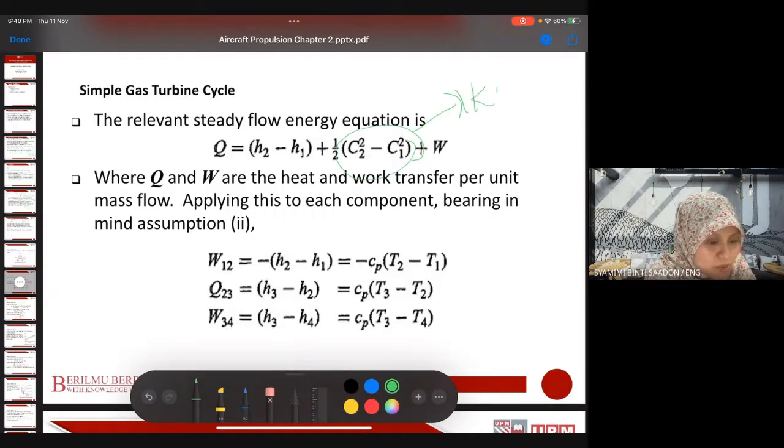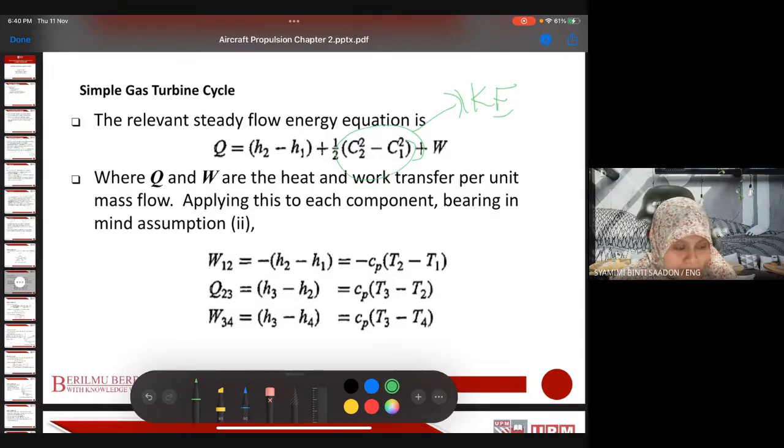Sometimes we use V for velocity, or sometimes we use C, either one. The third term is work transfer, the work done by the component, usually the compressor and turbine, where there is work done.